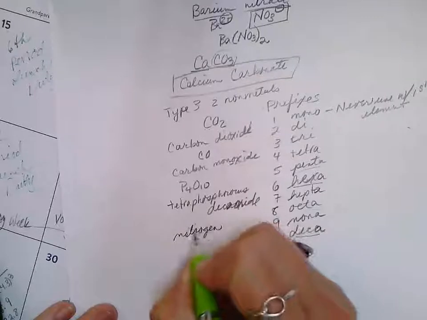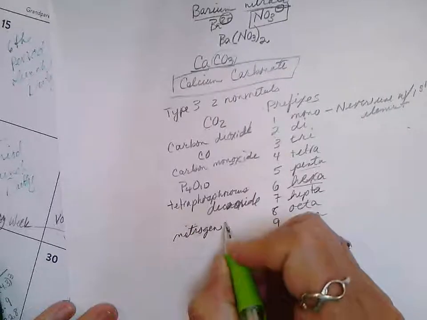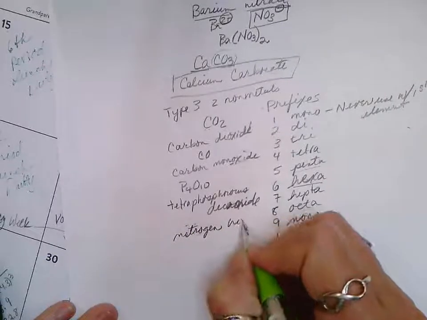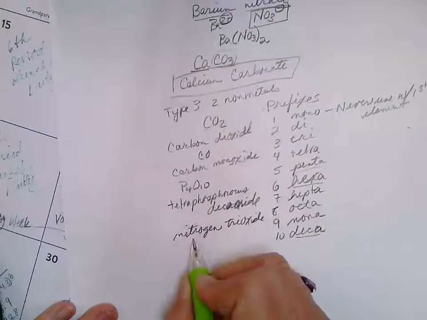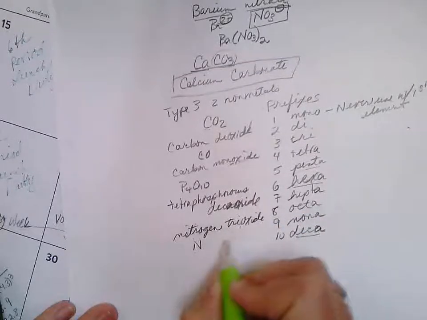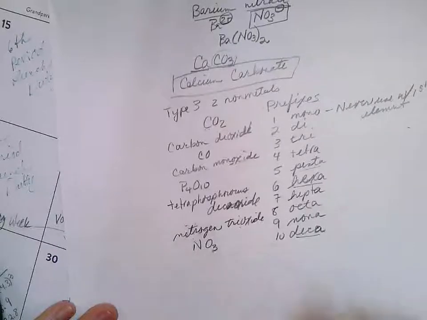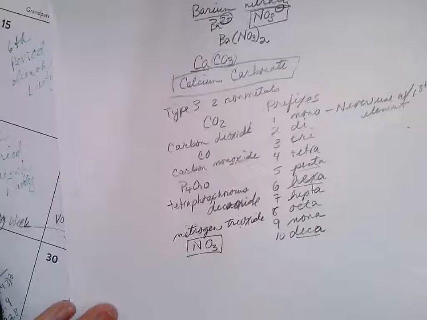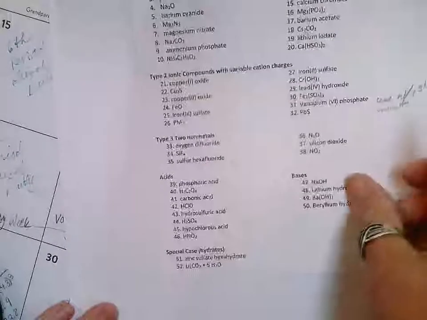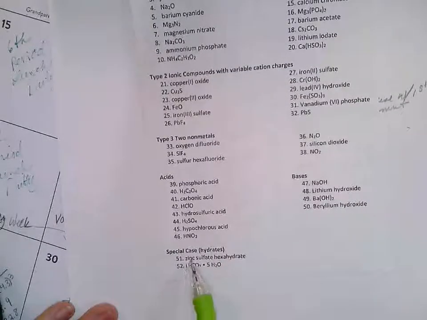Nitrogen, let's do trioxide. So nitrogen would be N, 3 oxygens. Pretty straightforward, I think. I'll have another video on naming acids and bases, and we'll talk about these special cases of hydrates later.